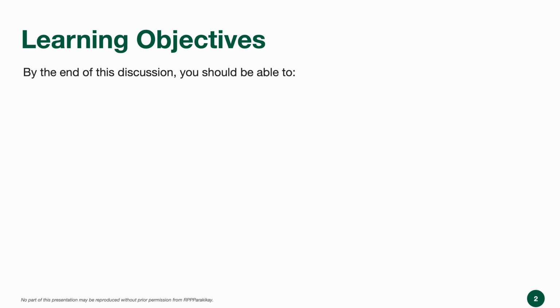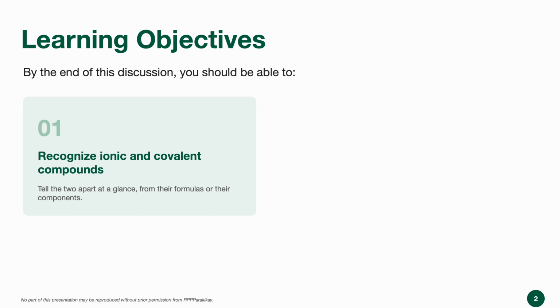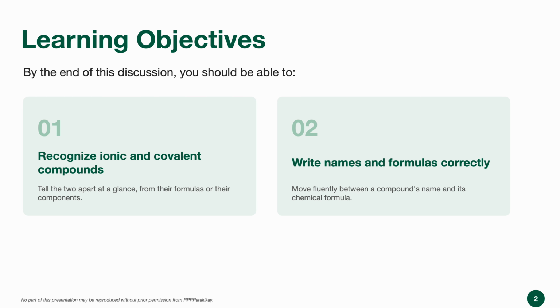By the end of this discussion, you should be able to first distinguish ionic compounds from covalent compounds based on their chemical formula and the elements that they are made up of. And second, to apply the appropriate nomenclature rules to convert between the chemical names and chemical formulas for both ionic and covalent compounds.